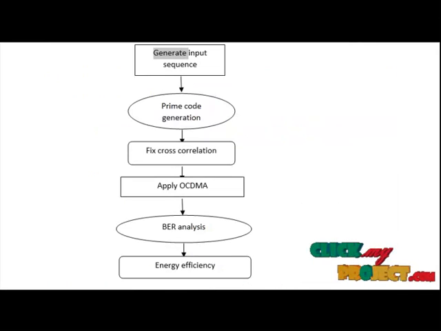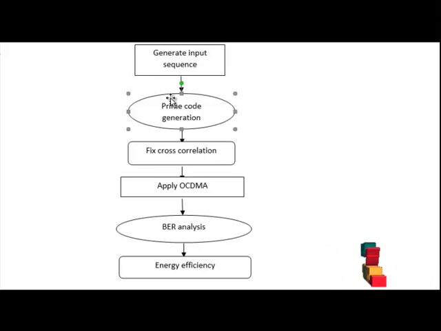This is the flow diagram for accurate analysis of double weight codes with an arbitrary maximum cross correlation value for 2 chip power OFDM. In this process, first we generate the input sequence and transmit the data. Then the next process is the prime code generation. In this, the modulation codes are partitioned into 3 groups.